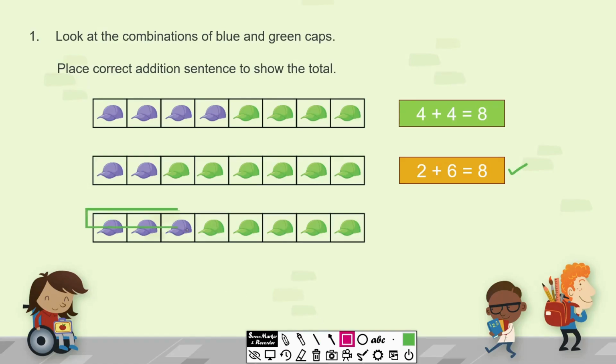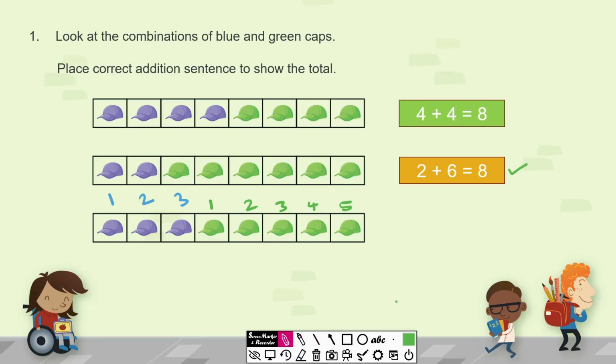Now let's count the caps of this section. The blue caps are 1, 2 and 3, and the green caps are 1, 2, 3, 4 and 5.